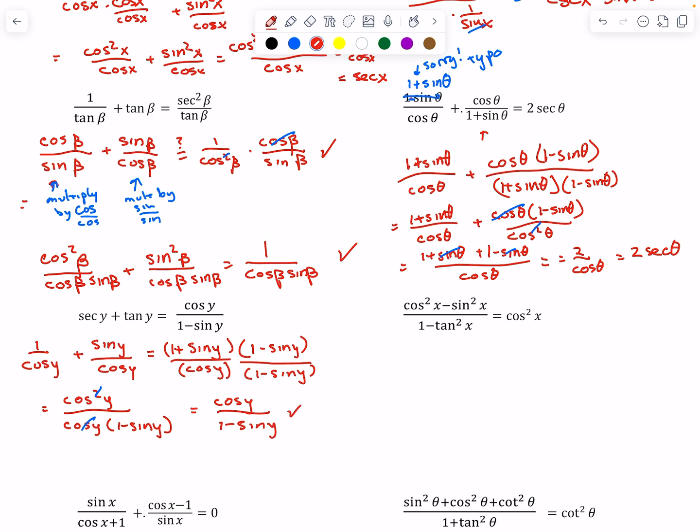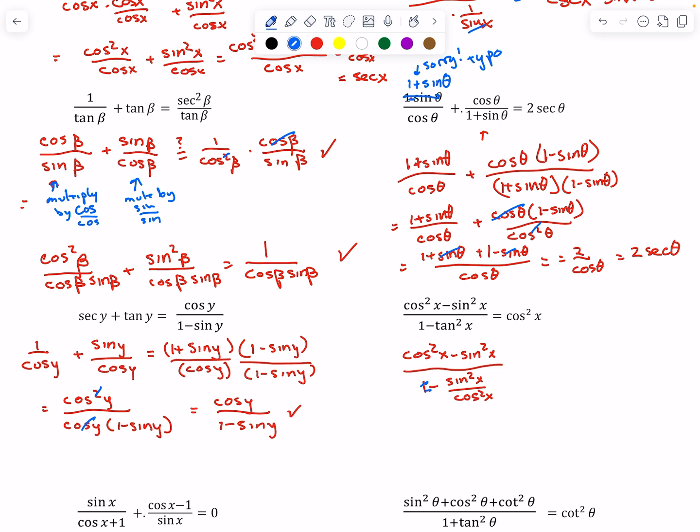Yay. Okay, cosine squared minus sine squared is actually, well, here's a trick. Right, I'm going to do the following. I'm going to say this, and I'm going to do a common denominators thing.